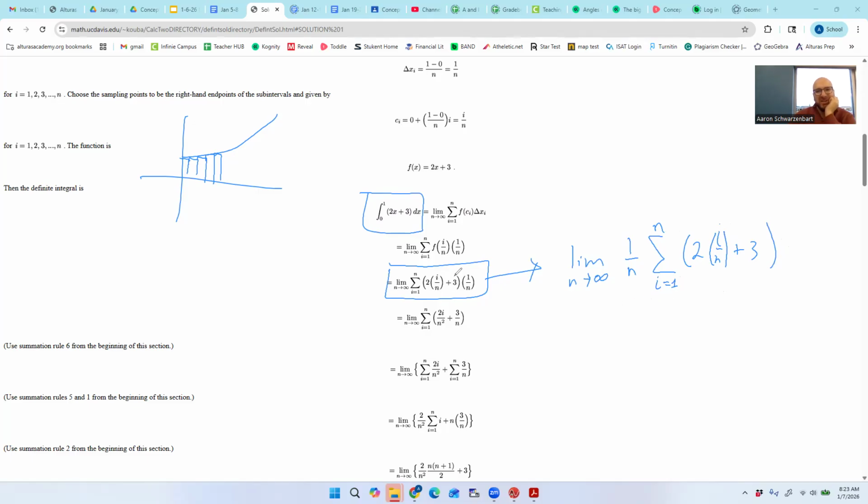So, looking at this, remember that the width of the box is effectively the total width of the interval divided by the number of subintervals n.